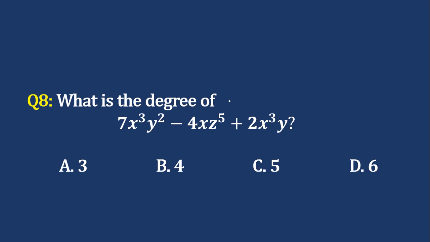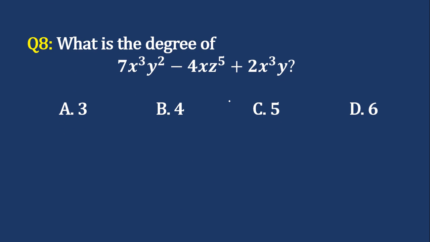Alright, let's have question number 8. What is the degree of 7x cubed y squared minus 4x z raised to 5 plus 2x cubed y? Alright, so before we determine the degree of this, let's have a very short review of how we determine the degree of a constant, or the degree of a certain variable.